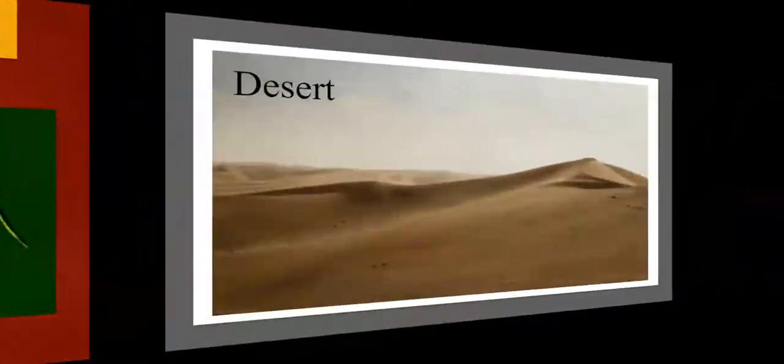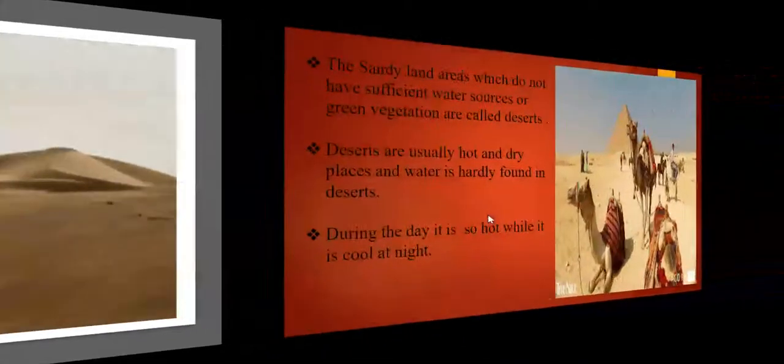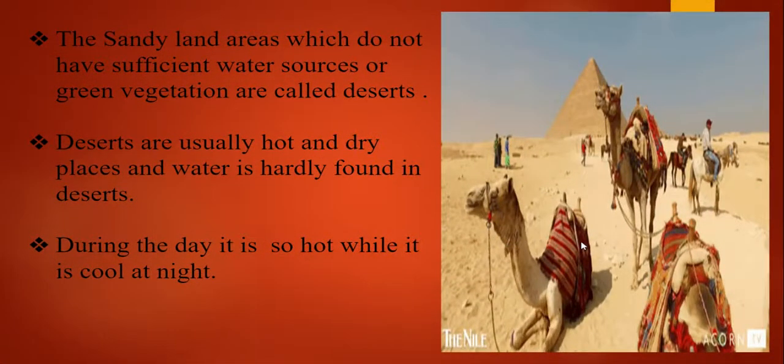Now let's move to the next habitat, which you can see in the picture. It's the desert. Children, the sandy land areas which do not have sufficient water sources or green vegetation are called desert. Deserts are usually hot and dry places, and water is hardly found in desert.